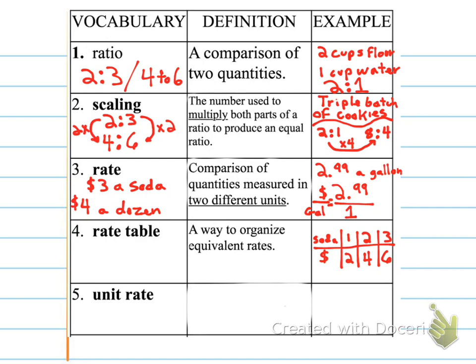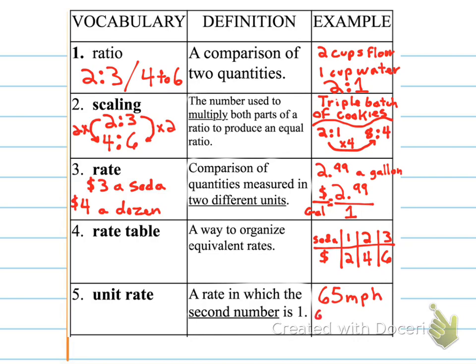And finally, for our notes, we're going to put in unit rate. And a unit rate is any time where the second number is 1. So the best example I have is 65 miles per hour. And that means we go 65 miles for every 1 hour.